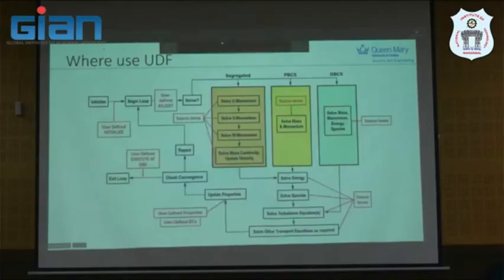Also, in this slide, I want to show where we can add or link the UDF during the simulation. For example, we can use this initialize macro to define the temperature or pressure before we start our simulation in the fluid domain.